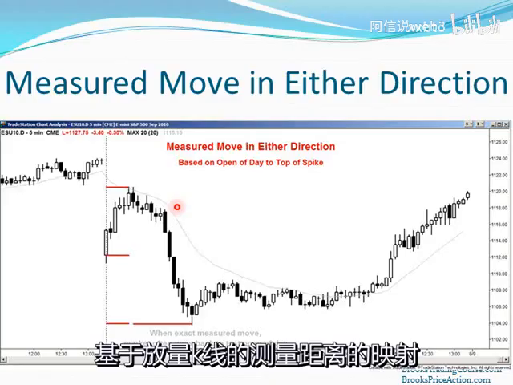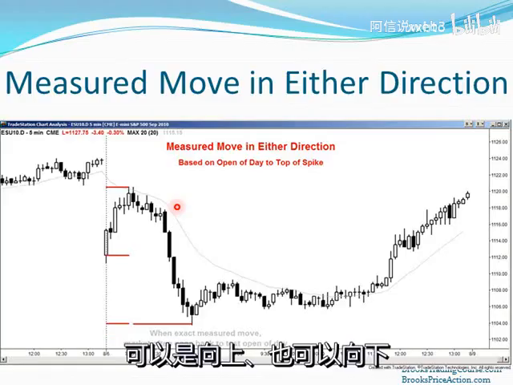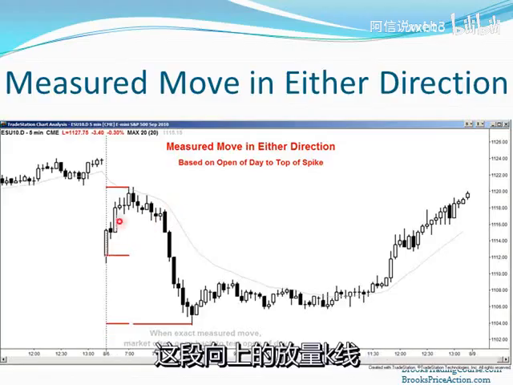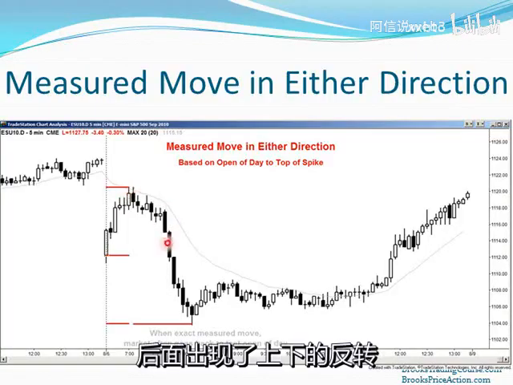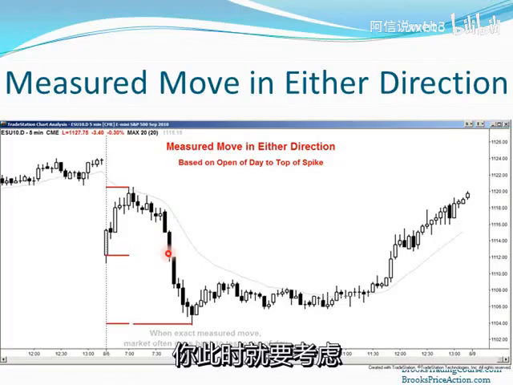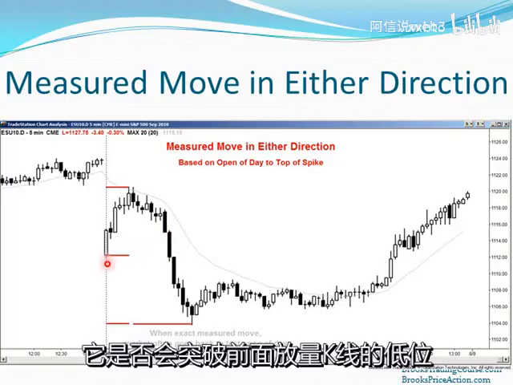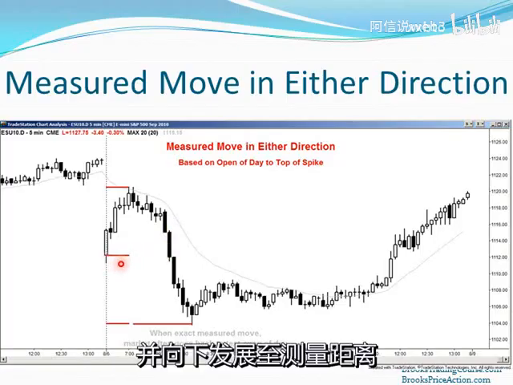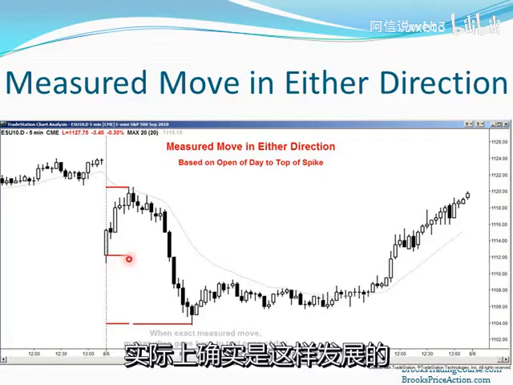And measured move projections based on spikes can go either direction, up or down. So here's a bull spike, and the market started to reverse. So when the market started to form these two bear bars, you had to wonder that it might break out below the low of the spike and then go down for a measured move, which is what it did.